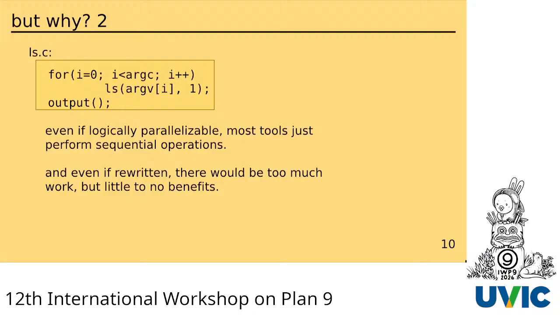We expect them to go as fast as our computers allow, so we don't really take into consideration making these programs parallel. But even if we did consider that, if we were to adapt every single program from LS to MK to become highly parallel and create new procs for every file system operation that we wanted to make, it would add way more complexity than would be worth it, and we would have no benefits for it.